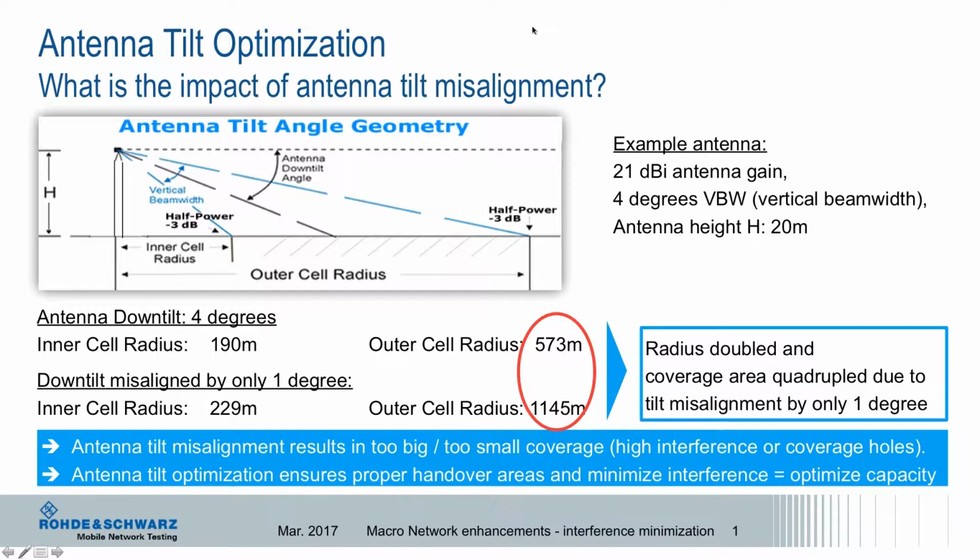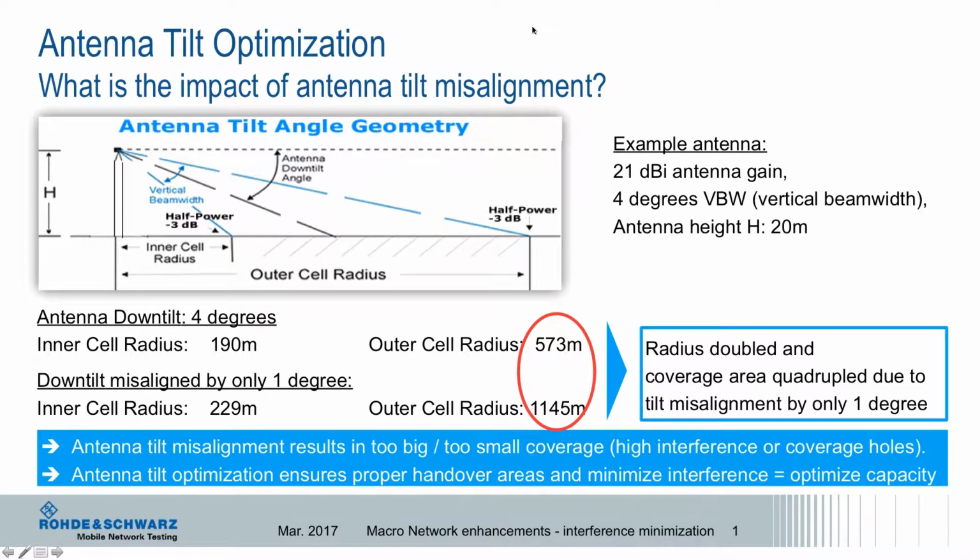If you misalign this antenna tilt by only 1 degree, so 1 degree too little down tilt, you immediately get an outer cell radius of 1100 meters. So you double the radius just by an antenna tilt misalignment of only 1 degree. And double radius means 4 times the coverage area.